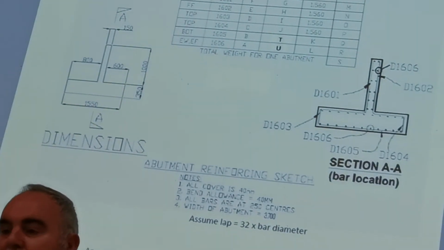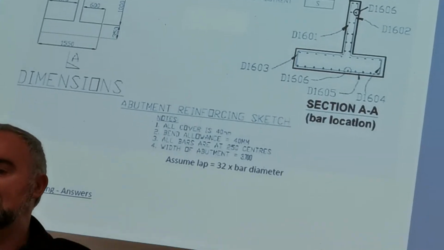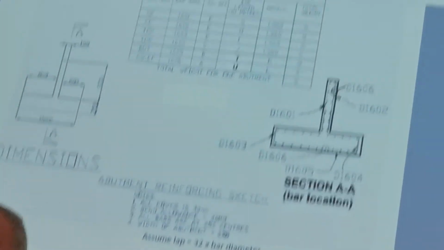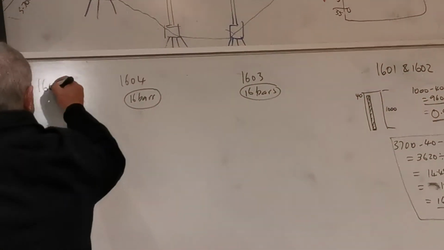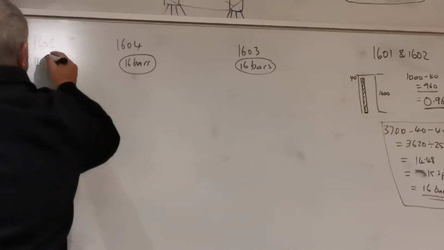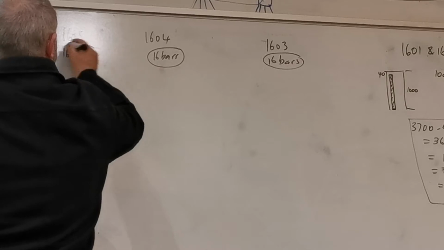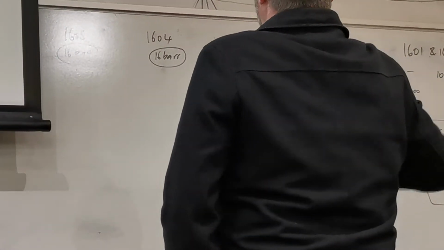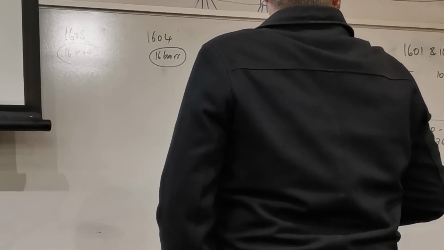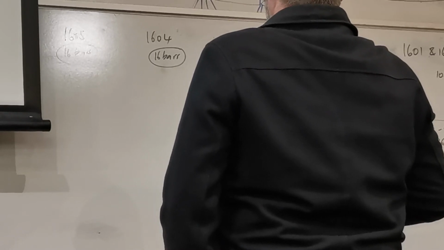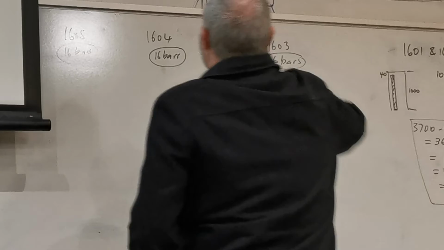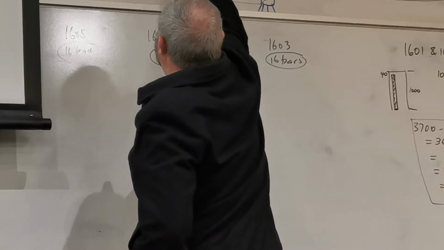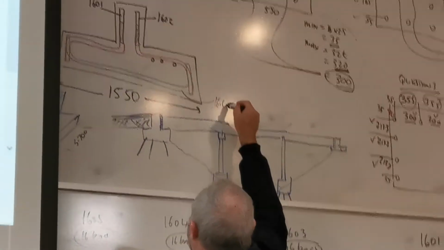Okay, so that fills in the number of bars right down to 1605. And also we now know the length of 1601 and 1602. So let's look at this bar here, which is 1605.